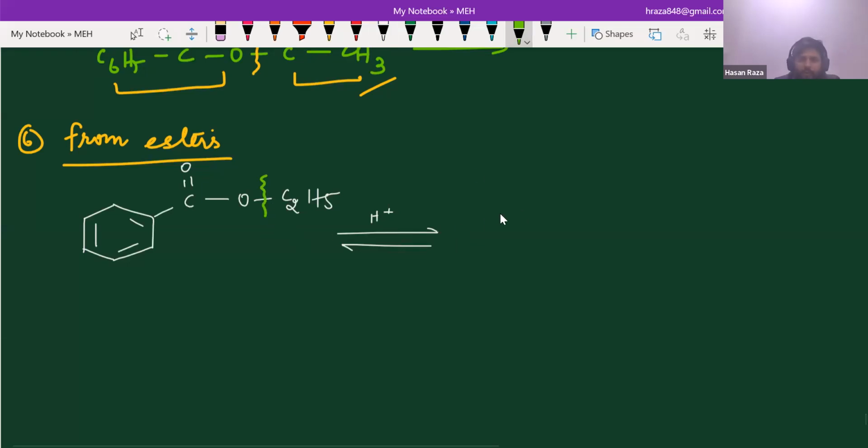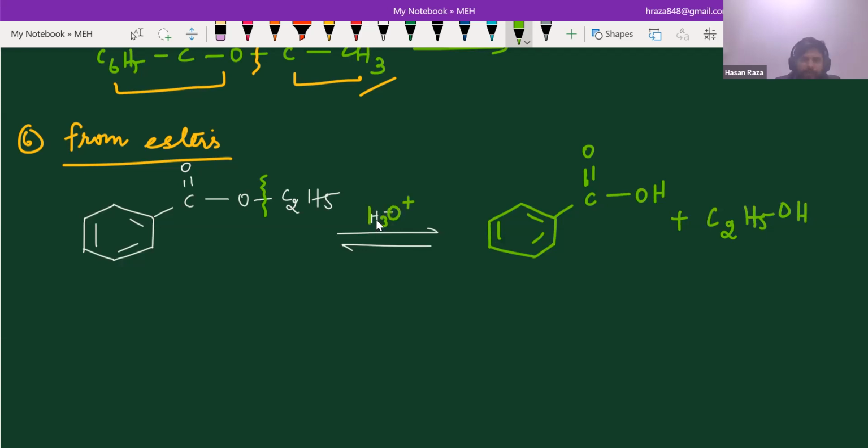So this bond will be broken, and then you'll get C double bond OH along with C2H5OH. Just write it as H3O positive, hydrolysis in the presence of H plus. So this is what you will get.